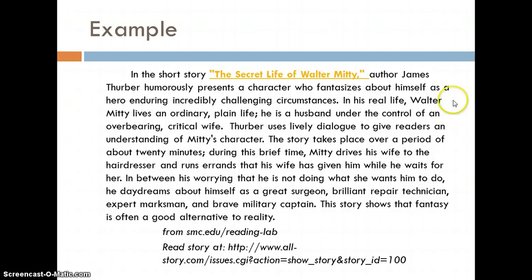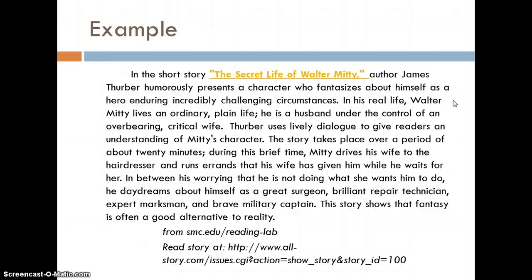So then the author of this summary goes on to provide more details. In his real life, Walter Mitty lives an ordinary, plain life. He is a husband under the control of an overbearing, critical wife. Thurber uses lively dialogue to give readers an understanding of Mitty's character. The story takes place over a period of about 20 minutes. During this brief time, Mitty drives his wife to the hairdresser and runs errands that his wife has given him while he waits for her.